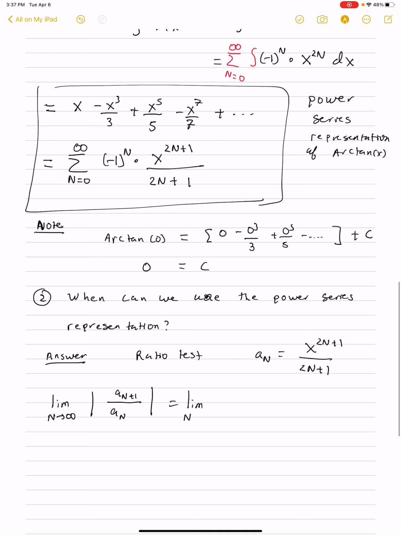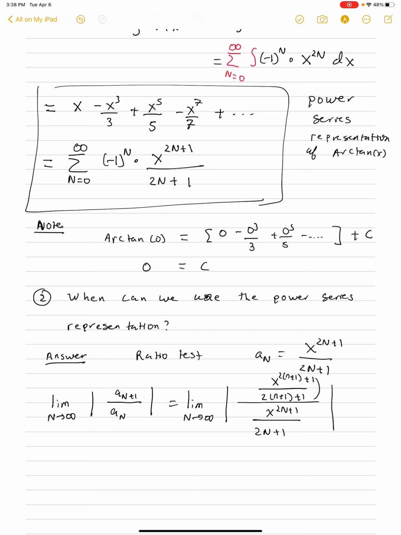And that will give us this limit. But for n plus 1, remember, I replace n by n plus 1. So this will be x to the 2n plus 1 plus 1 divided by 2n plus 1 plus 1.